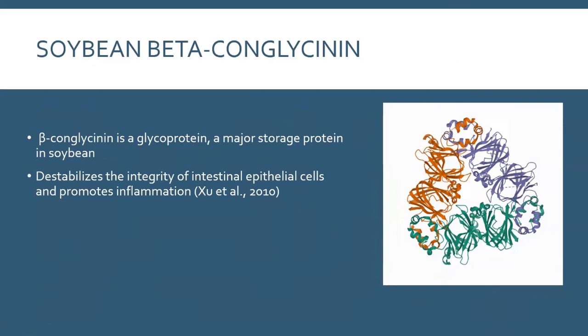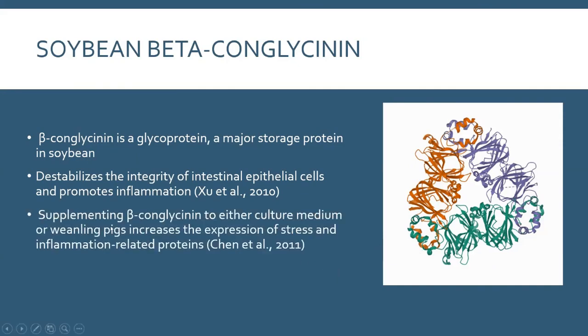They are the ones which cause poor performance because of allergic reactions. And it shows that supplementing beta-conglycinin to either culture medium or in pigs increases the expression of stress and inflammation related proteins. That means it really is a concern, particularly on inflammation of epithelial cells.